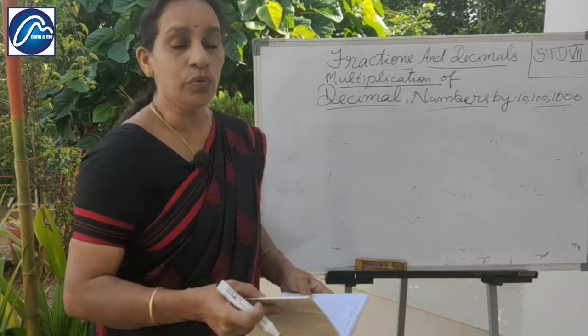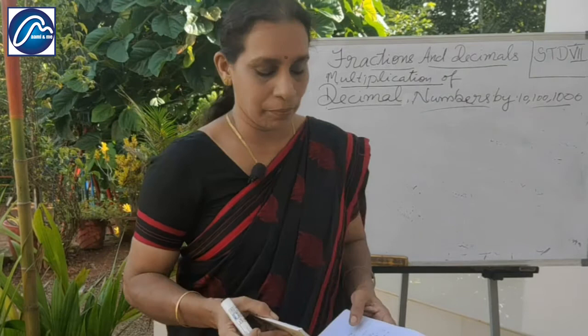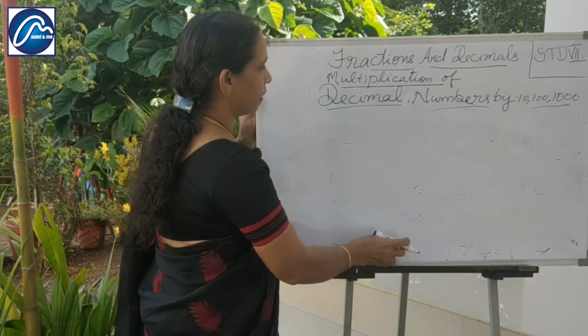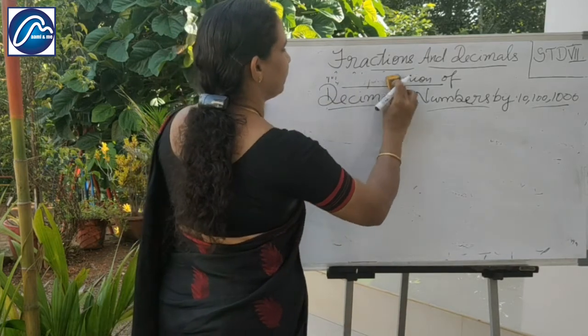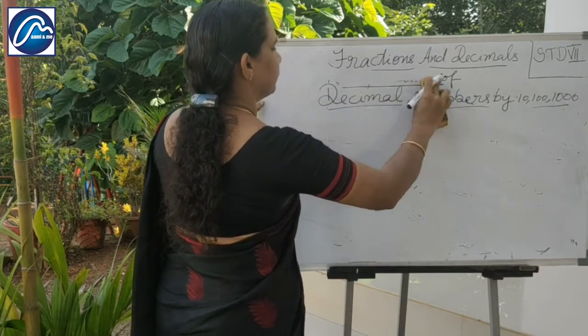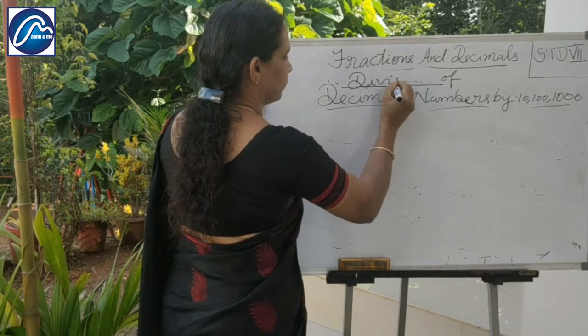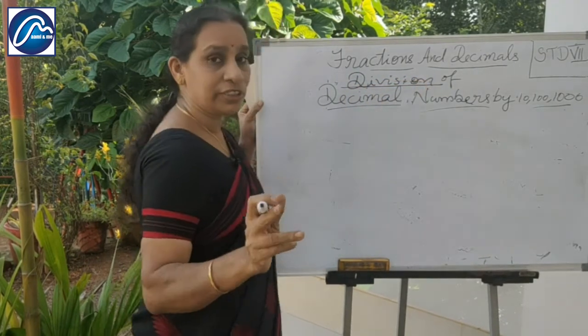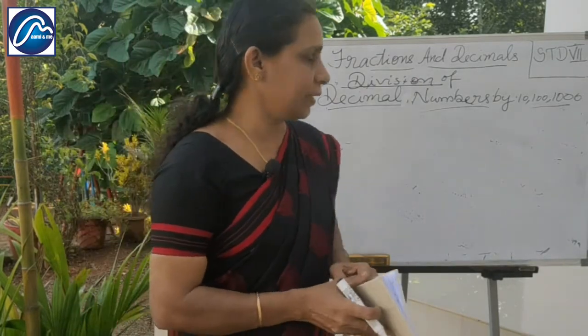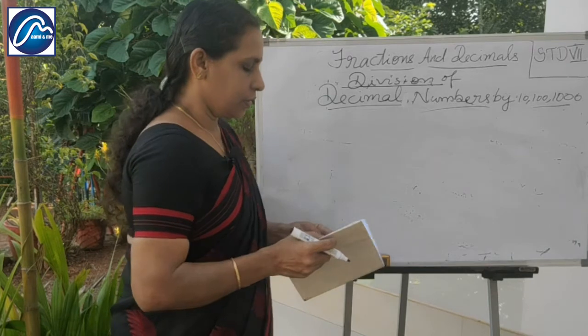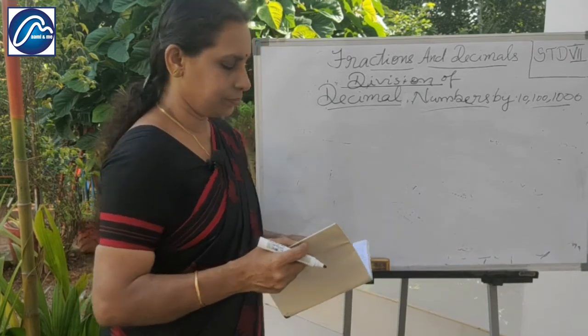Okay. Now division of a decimal number by 10, 100 and 1000. Not multiplication, division. Division of decimals by 10, 100 and 1000. I'll give you an example.